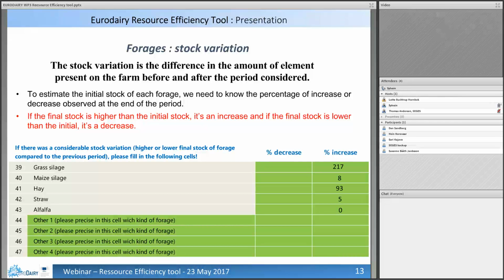So in my example, you have here an increase of each forage on the experimental farm, because we were in a very good year with a lot of rain, with a lot of water, and with a lot of forage production.